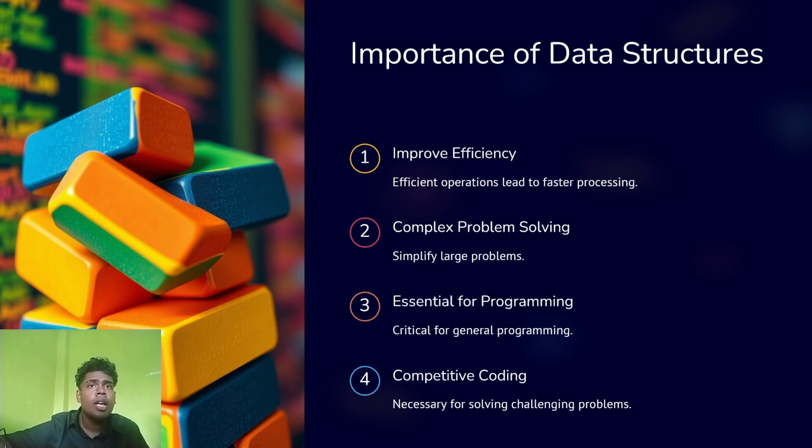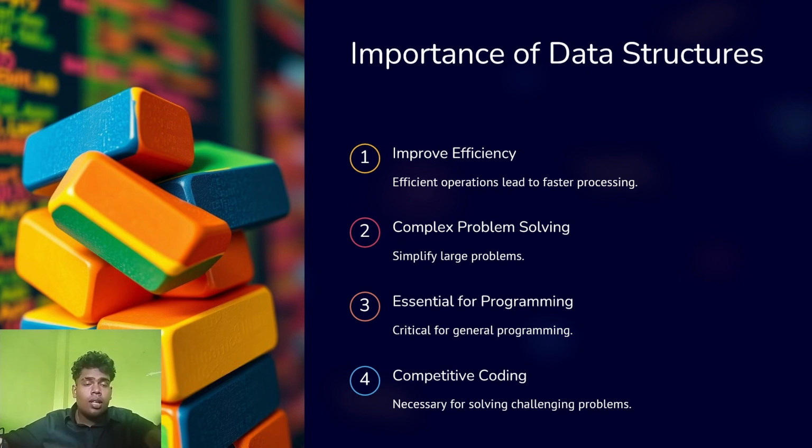And also, data structures help in competitive coding. That means they help in solving hard coding challenges. Examples of data structures are arrays, linked lists, trees, stacks, queues, and graphs.